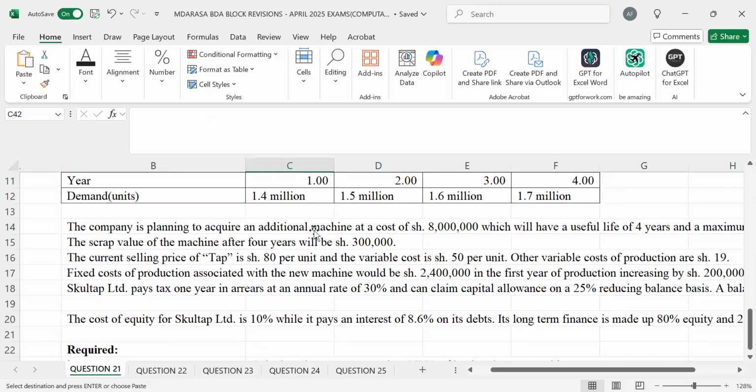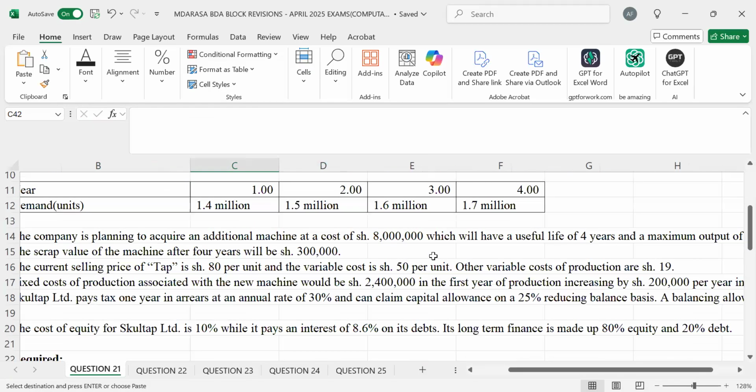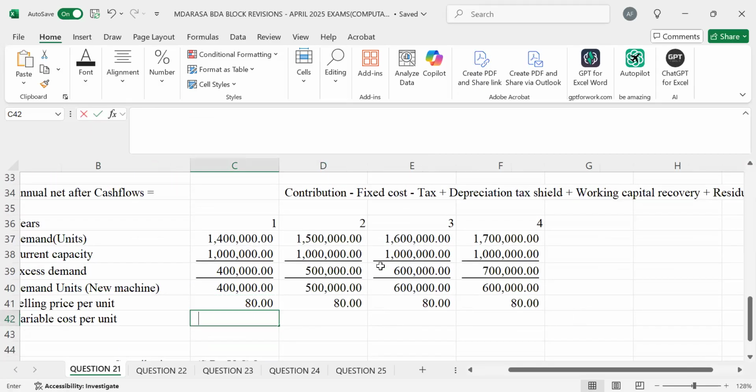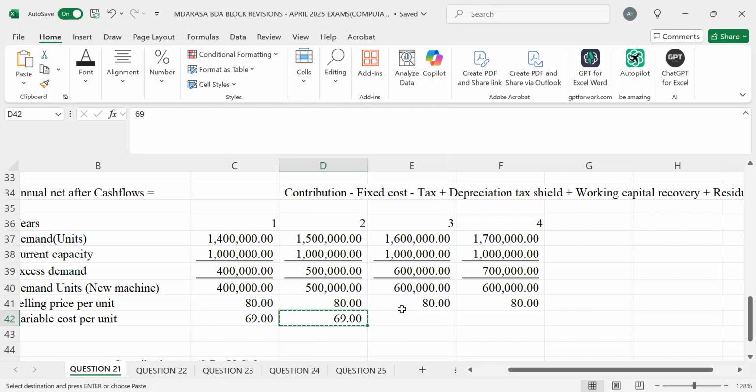Variable cost per unit: other variable cost of production is 19, plus the variable cost of 50, which gives a total of 69. These are variable costs.